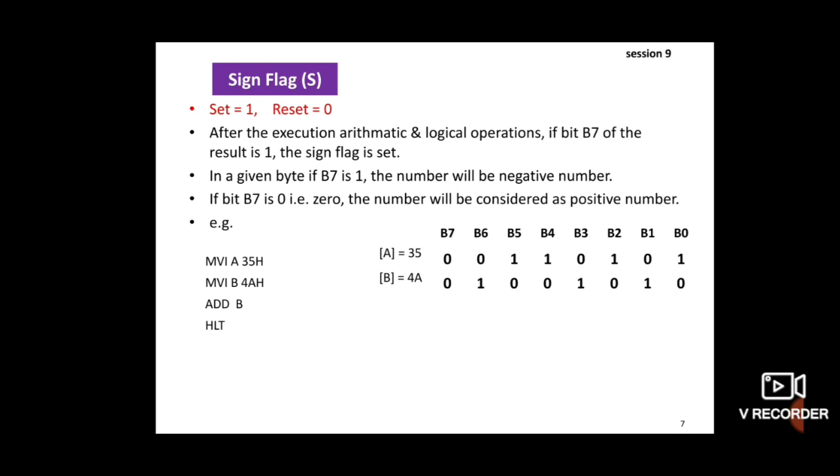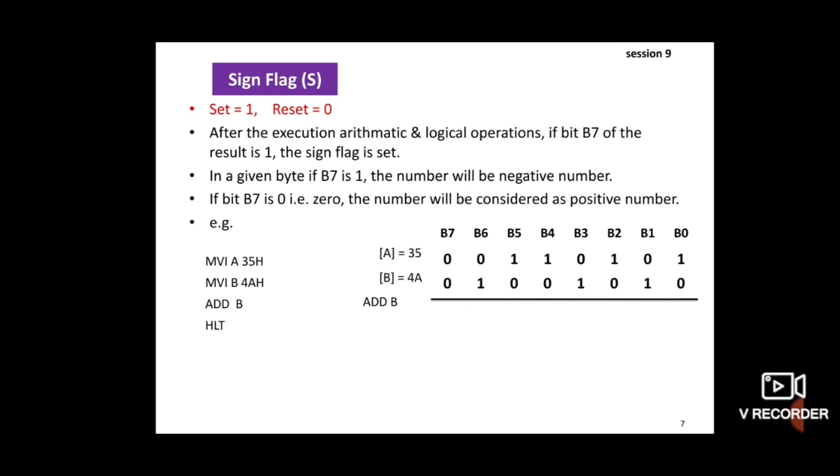Now apply binary addition rules, because which instruction is executing? ADD B. ADD B means addition of A and B, that is 35 plus 4A, according to binary rules.